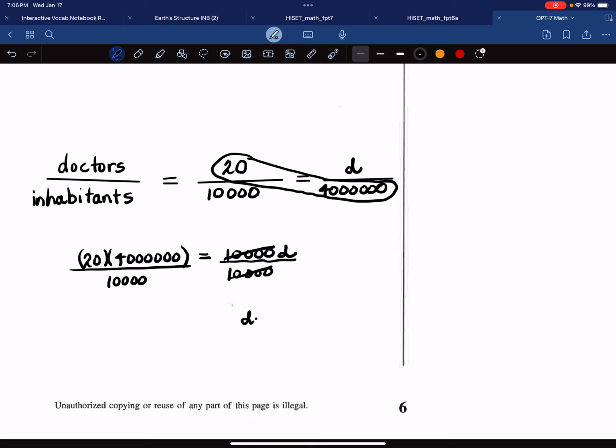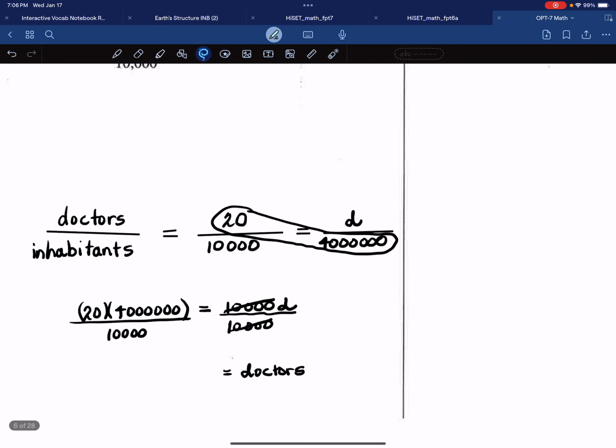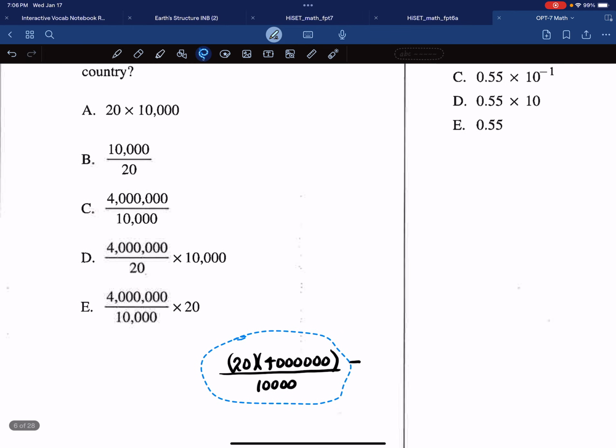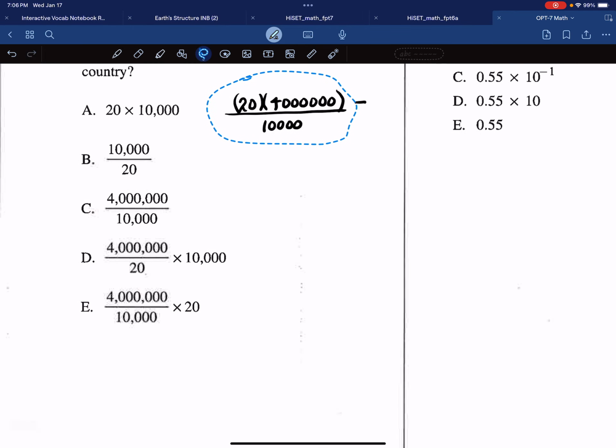So I'm left with doctors. That's what I'm looking for, so this is a good thing. And let me just take a look and see if I see this anywhere. Let's just bring this up here. We'll have to bring it back in a minute, but let's bring it up here and see.